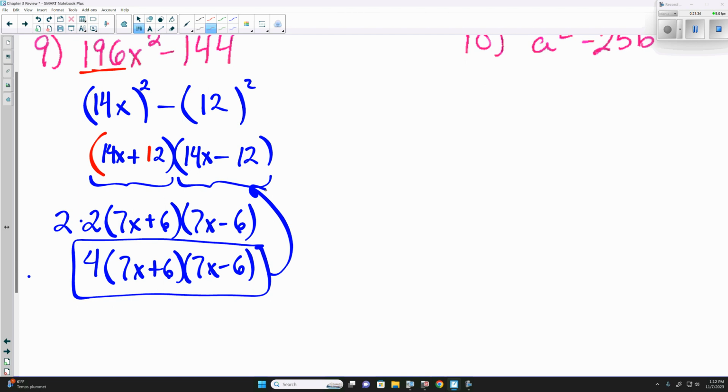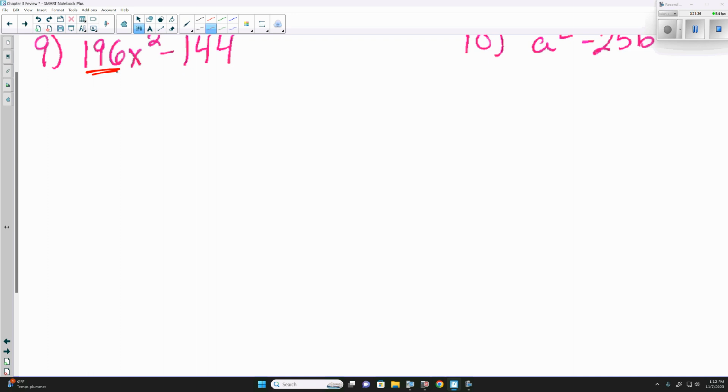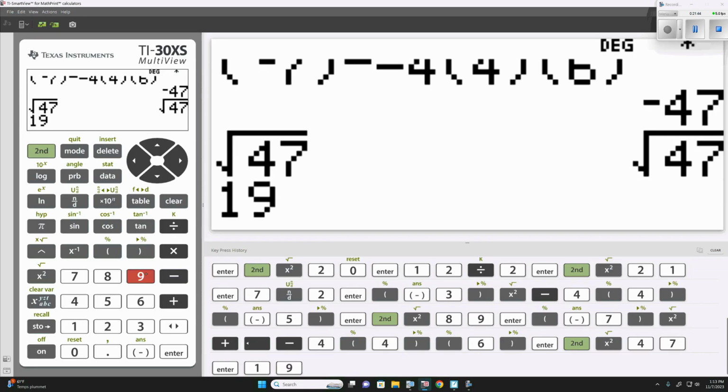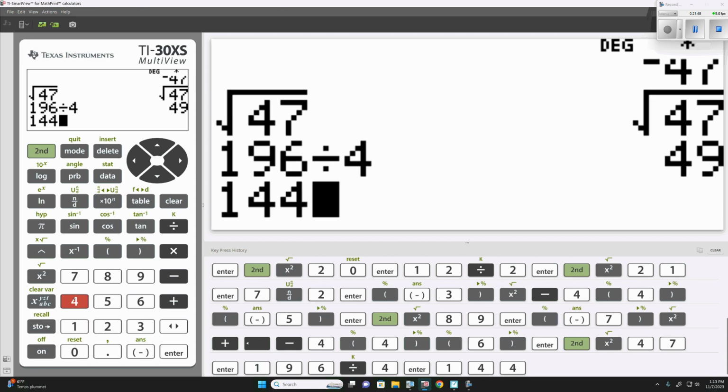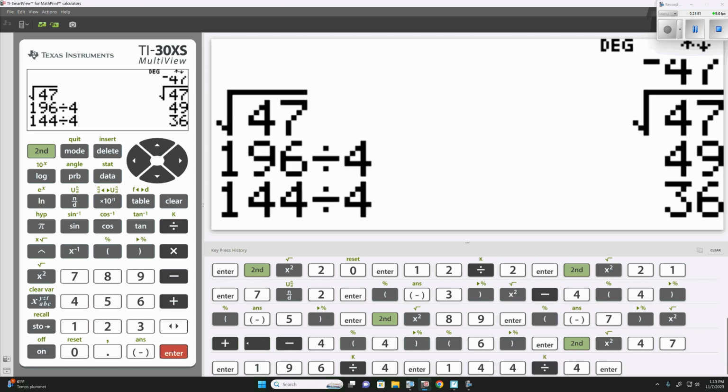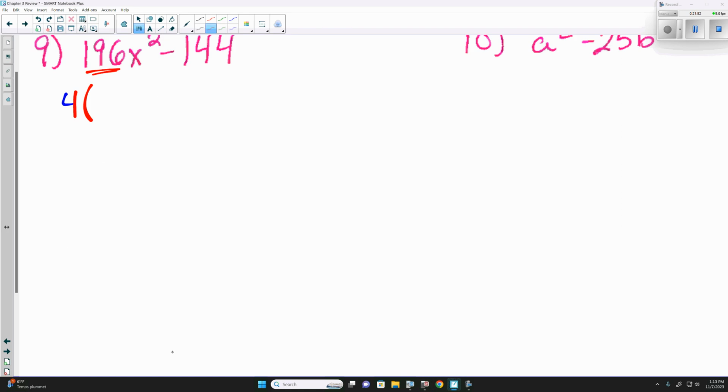Now, if we notice, well, 196 and 144 are both divisible by 4. 196 divided by 4 is 49. 144 divided by 4 is 36. So if we factor it out, we get 49x squared minus 36.